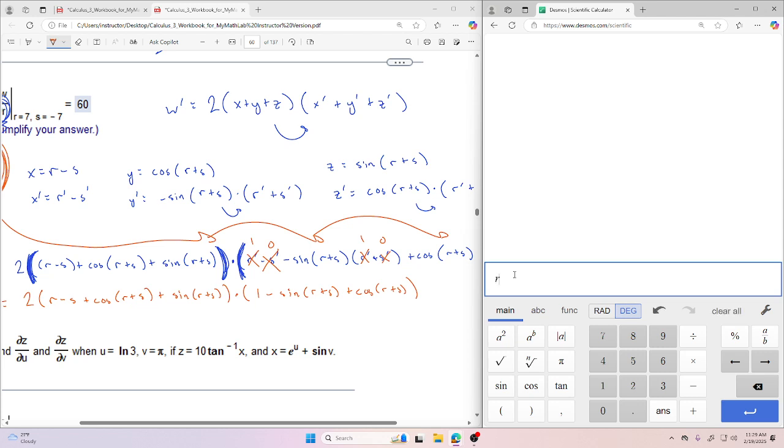So R is equal to 7, S is equal to -7. 2 times 1 minus S cosine R plus S, radian mode. Right? Because I'm going to totally get it wrong here in a second. R plus S cosine R plus S. Oh, well, radian or degree apparently doesn't matter. That's kind of nice. So we got it. Perfect. Plug it in, we get a 60.